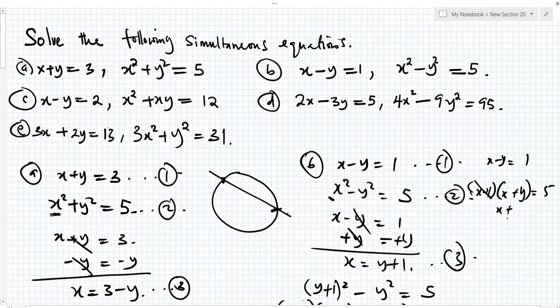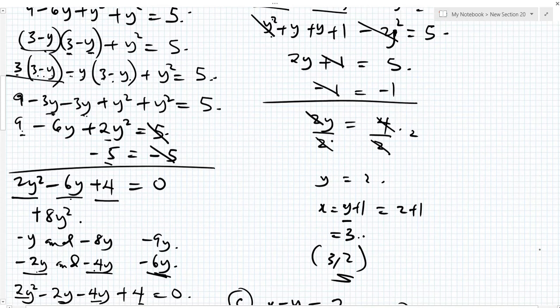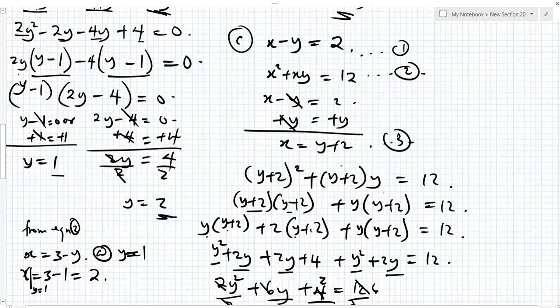So you now have x plus y equal to 5. If you add equation 1 to equation 3, y will cancel out. You have 2x equal to 6, so x is equal to 3. Now if you put x equal to 3 into this equation, you now have y equal to 2, which is the same thing here, 3 and 2.